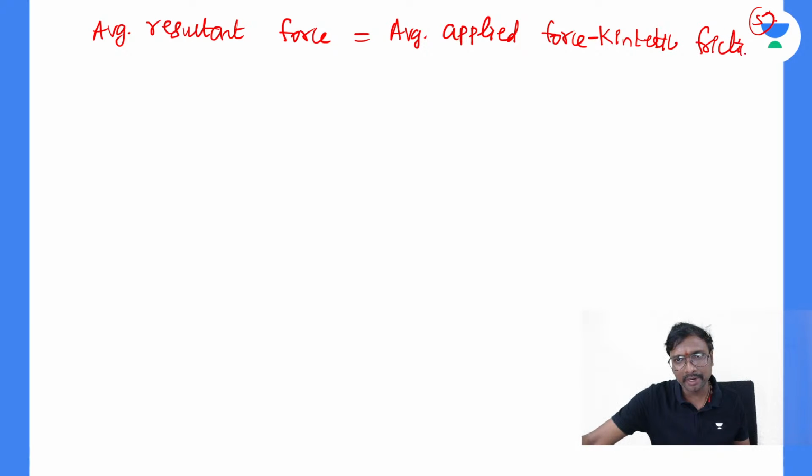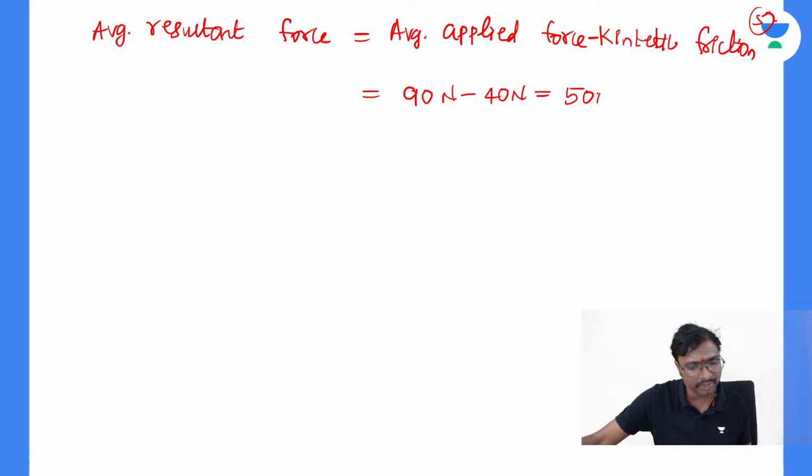What is the average applied force from 8 to 10 seconds? It is 90 newtons, which we have selected. Minus the kinetic friction, which is 40 newtons. So that is equal to 50 newtons.